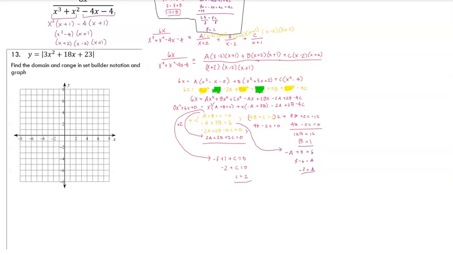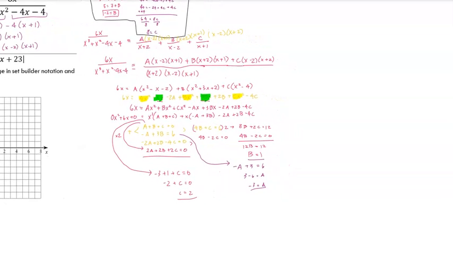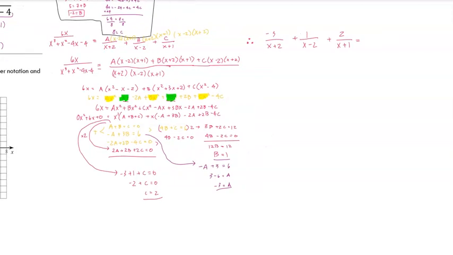I got my A, B, and C. So, therefore, negative 3 over x plus 2, plus 1 over x minus 2, plus 2 over x plus 1 is the same as 6x over x cubed plus x squared minus 4x minus 4.